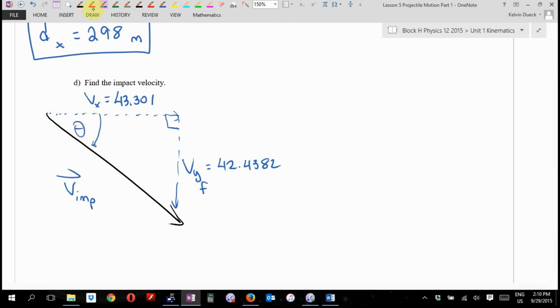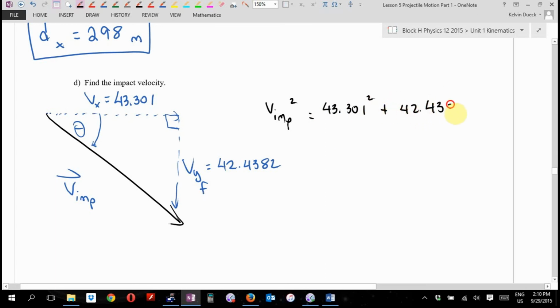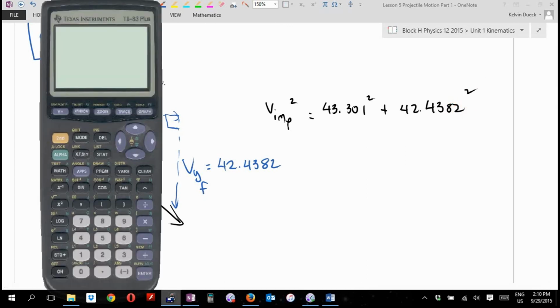So we're going to say V impact squared equals 43.301 squared plus 42.4382 squared. Mr. Dueck, I thought V final was negative. I've got the negative in the arrow pointing down. That's what contains the negative.